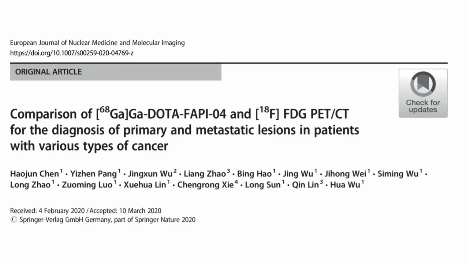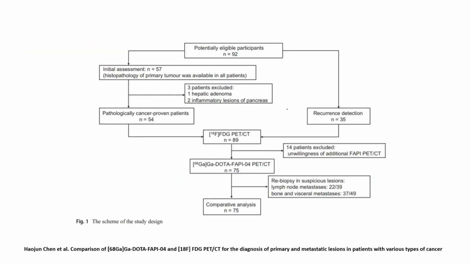Now that's a comparative study which this group of people have done, a comparative study between gallium DOTA FAPI and FDG PET-CT, and that's the study protocol which they have used. I'm not going to detail the study protocol; let me talk more about the result part.